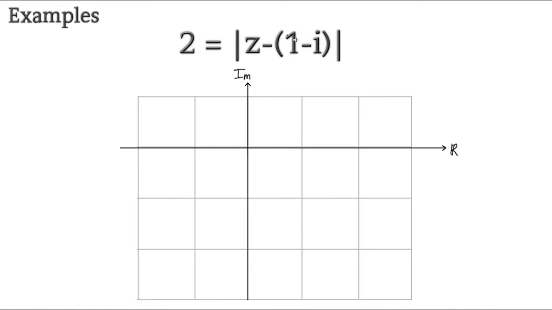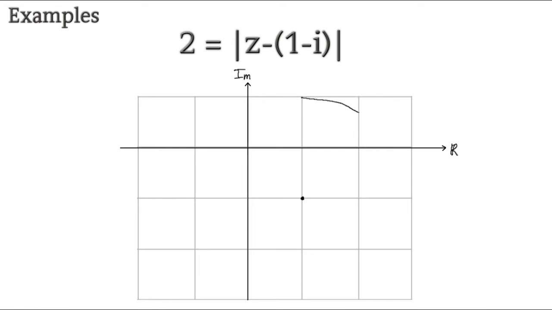The center point is 1 take I. So on the Argand diagram it's 1 take I, so we have a point there as the center. Then because the modulus of the difference is 2, it's a radius 2 circle.